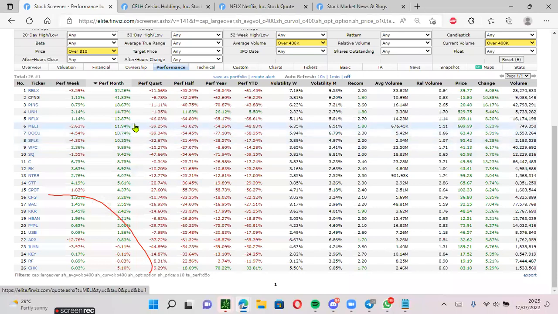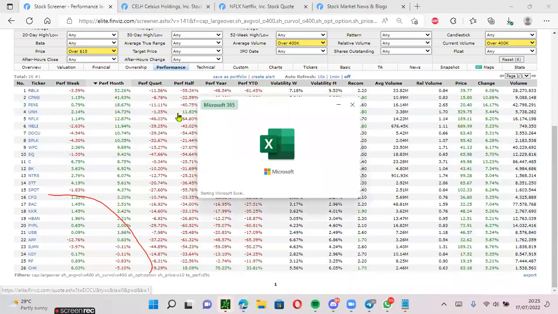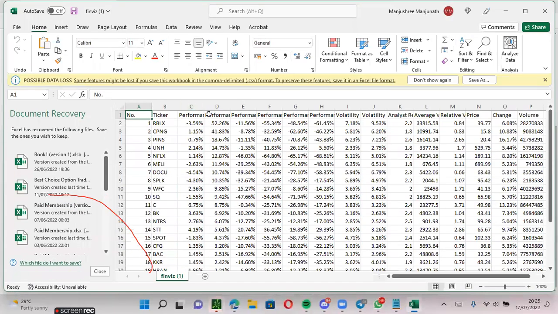Some of these stocks I expect to perform better because now people are starting to put more money on these stocks. Okay, if you want the list, I'll just pull this out. I'll share the tickers.